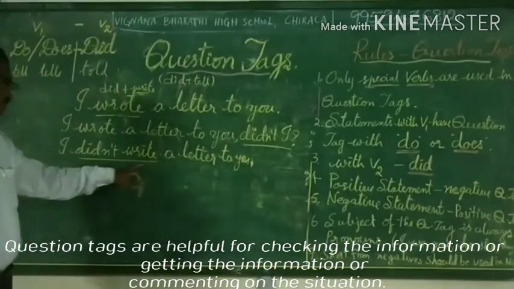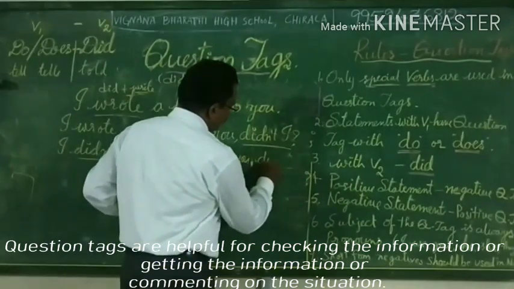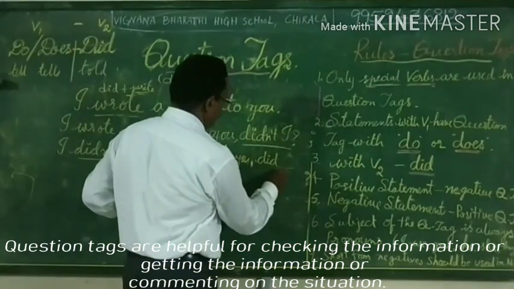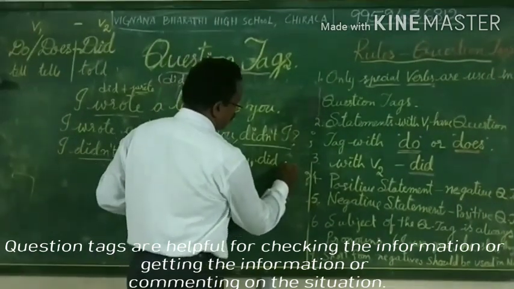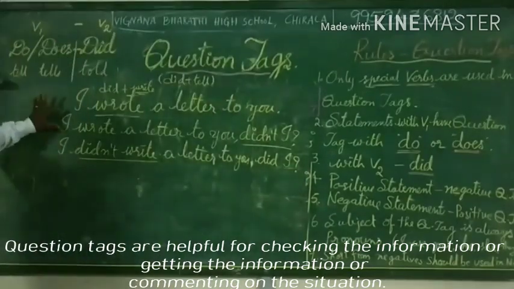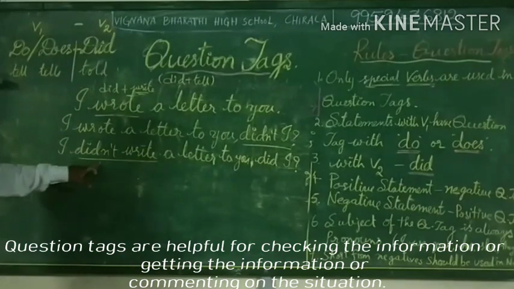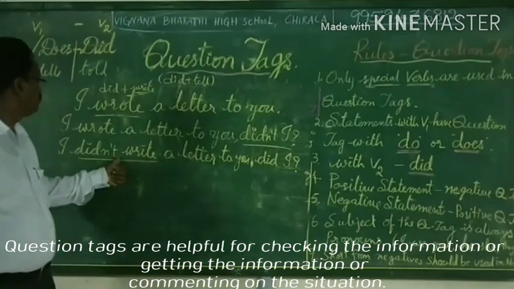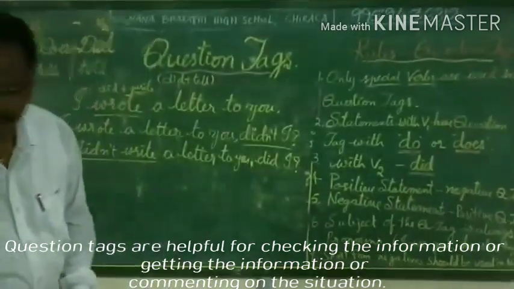Now the statement is negative, that is why the special or helping verb we found here in the past tense, wrote, did. Subject pronoun I, did I. So here, positive statement, negative question tag, didn't I. I did not write a letter is a negative statement, then we got a positive question tag here.